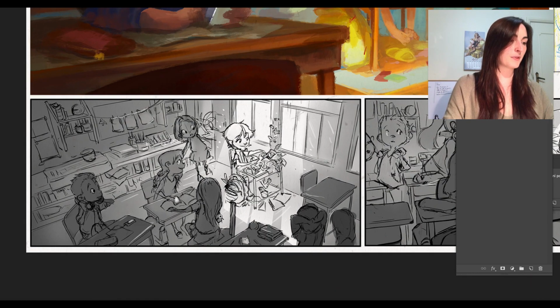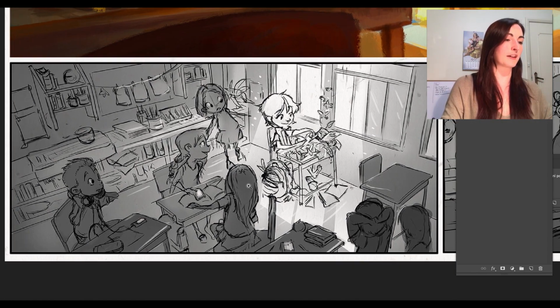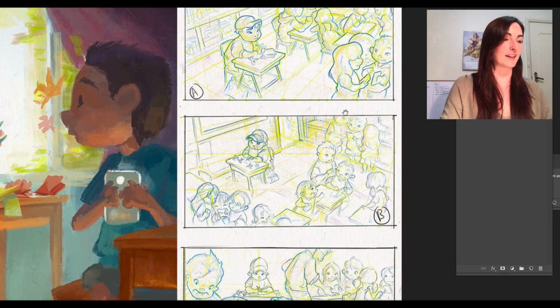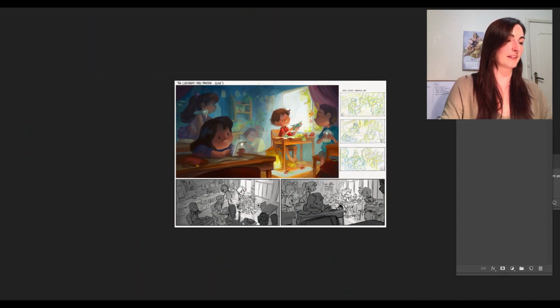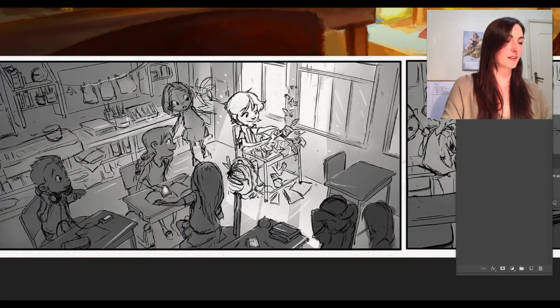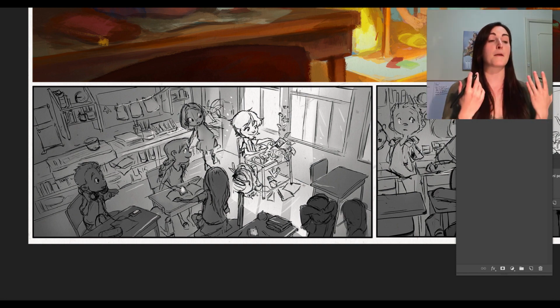So here, for example, in that first drawing I did, I mean not the first one, because I did all these guys here first, but on this drawing I applied the basic rule of composition.